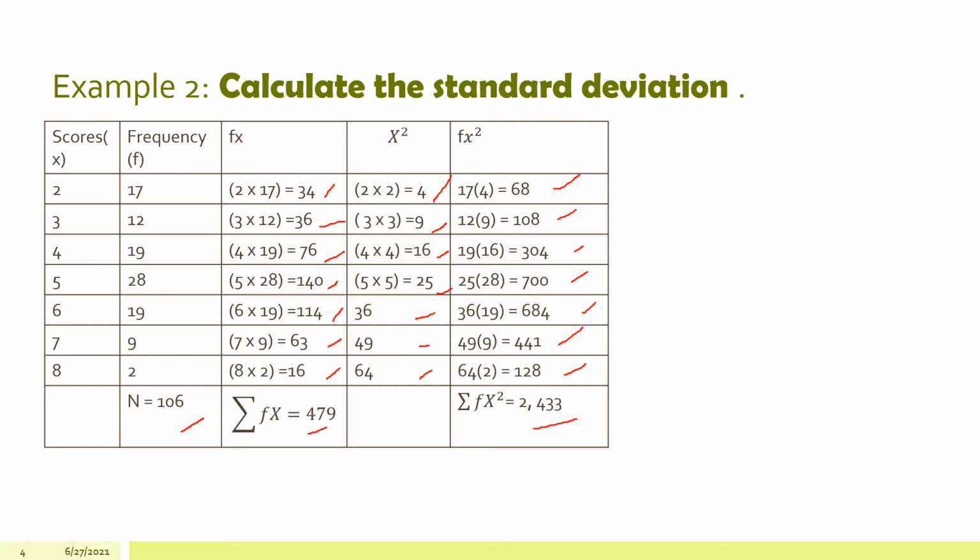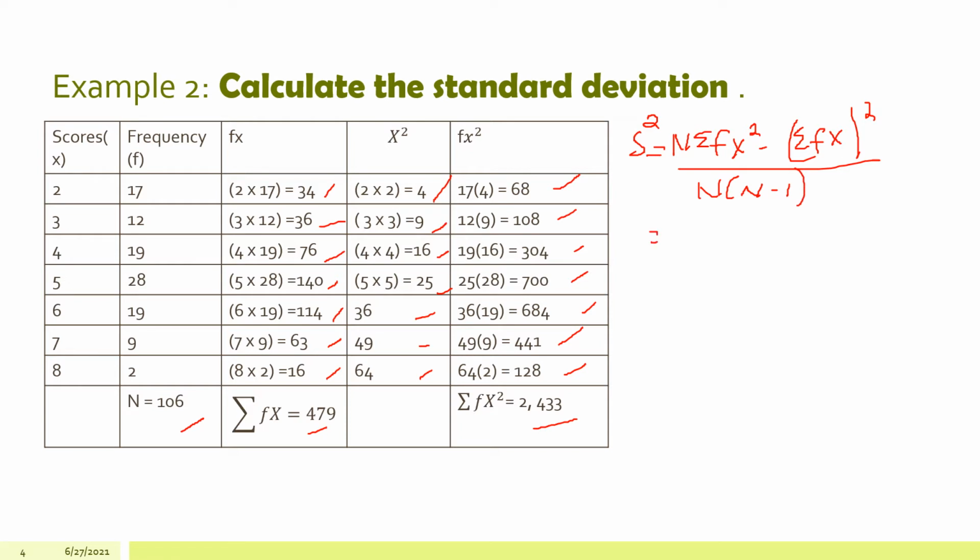And the sum of the frequency times the square of the scores is 2,433. To get the variance, we have the formula: n times the sum of fx squared minus the square of the sum of fx, over n times n minus 1.